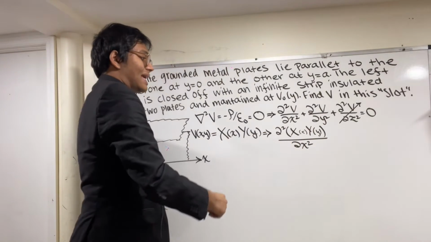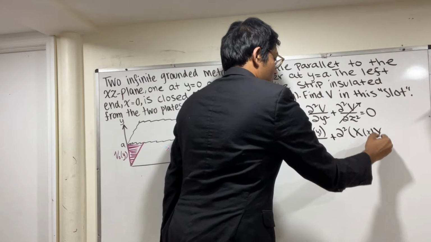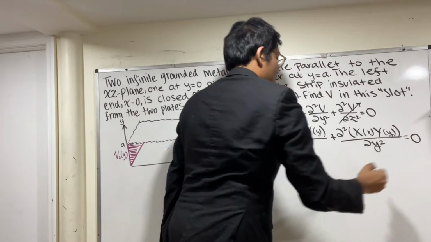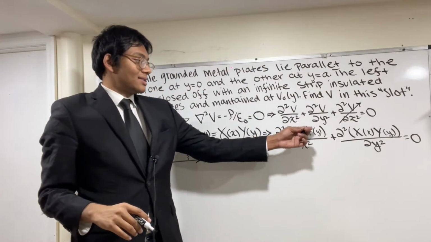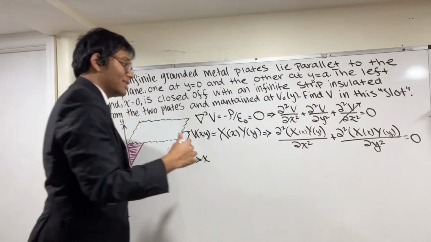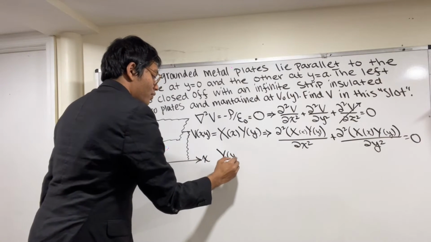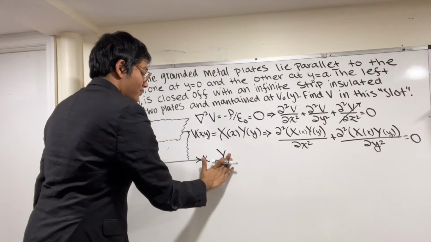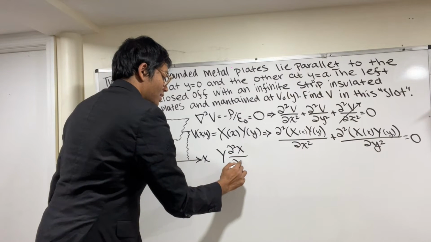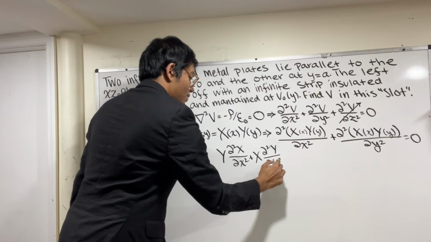This is small x, this is capital X. Well, capital Y is a constant when differentiated with respect to x, and likewise for capital X when differentiated with respect to y. So let's pop those out. We have Y times the second derivative of X with respect to x squared, plus X times the second derivative of Y with respect to y squared, equal to 0.